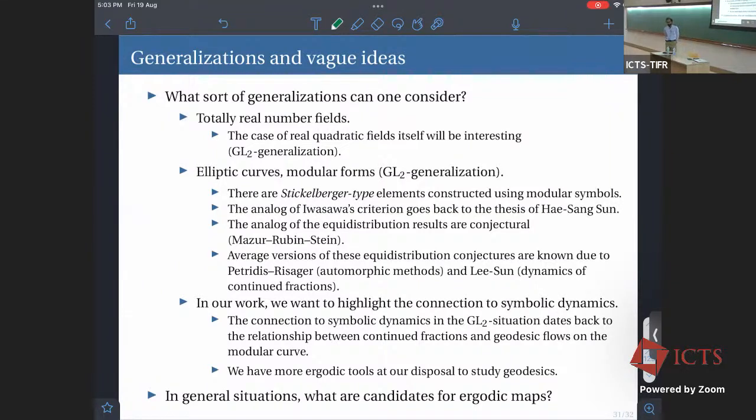Somehow the whole thing starts off because you have a very explicit description.